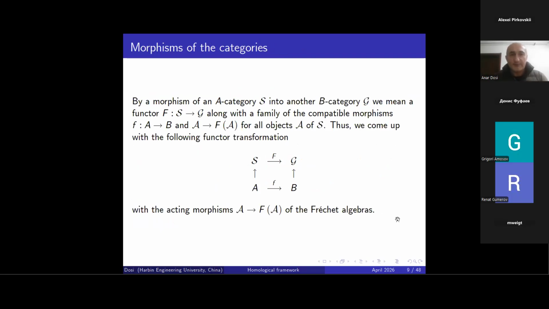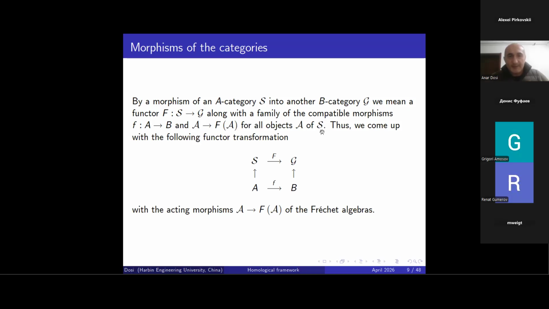So what are the morphisms of A categories, I mean categories over Fréchet algebras? That's also routine, but there is something extra here. Suppose we have an A category and another B category. We can define the functor, always a covariant functor. But there must also be a morphism A to B of base algebras.